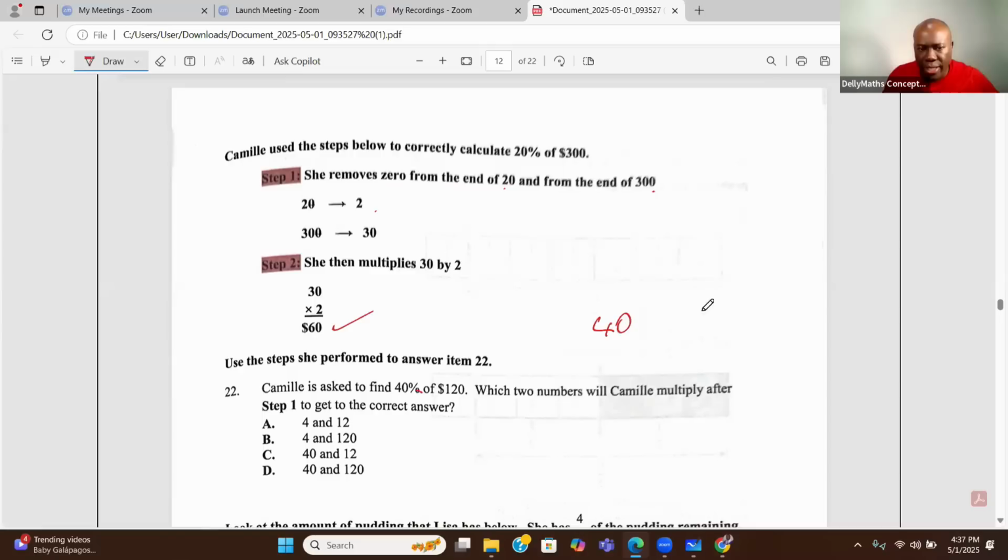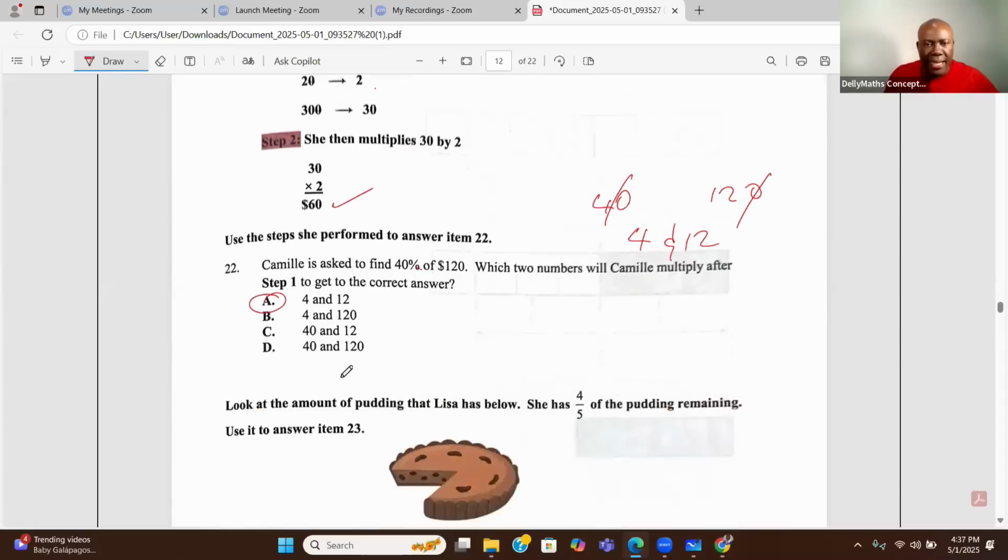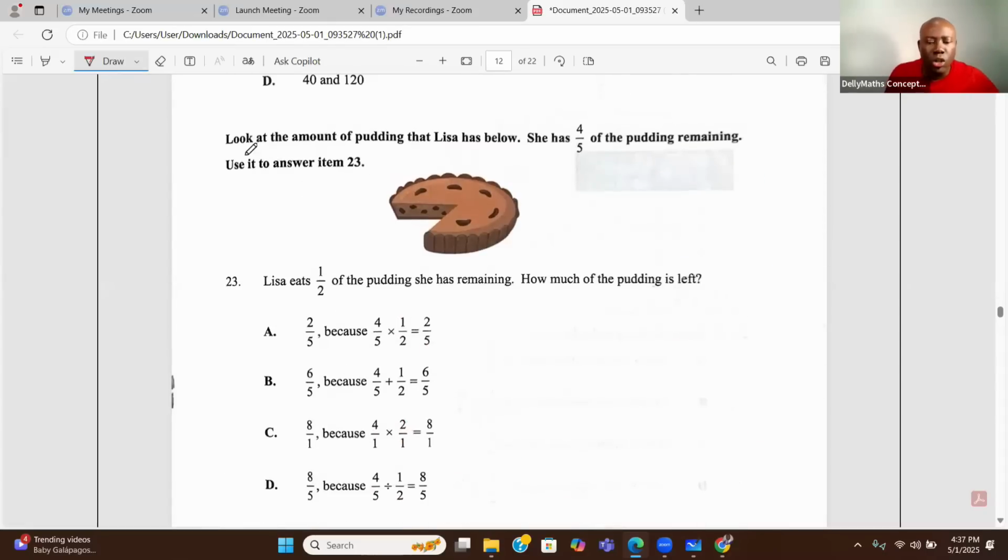So if I have 40 and I have the 120, I'm going to remove the 0 from this, remove the 0 from this, and then I'm going to work with 4 and 12 to get our answer. So 4 and 12 right there is definitely the correct way to go. Look, all right, so let's go. It says, look at the amount of pudding Lisa has below.